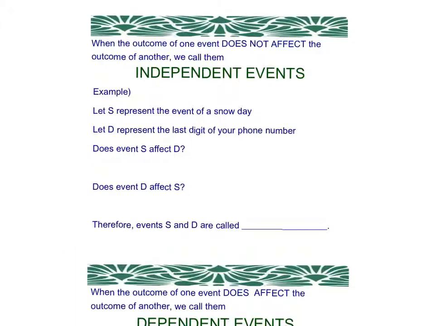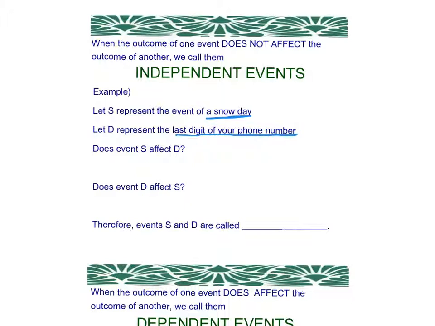Let's take a look at independent events first. When the outcome of one event does not affect the outcome of another, we call those independent events. Let S represent the event of a snow day happening, and let D represent the last digit of your phone number. Does event S affect D? Does a snow day being called at school affect the last digit of the phone number that you have?